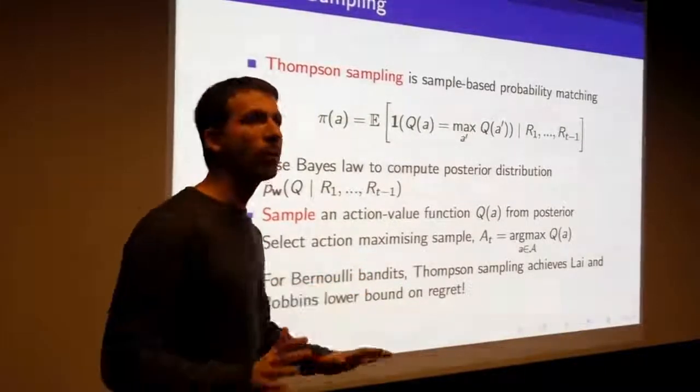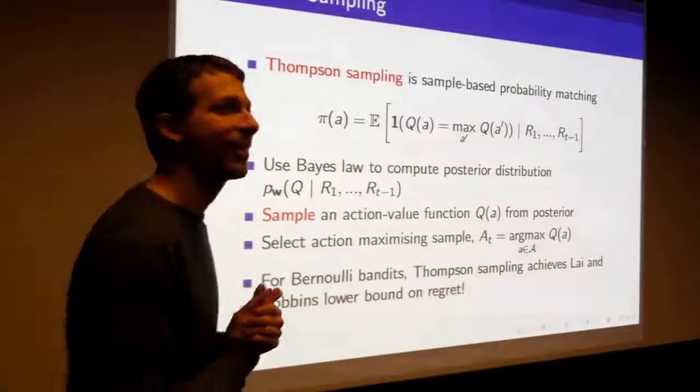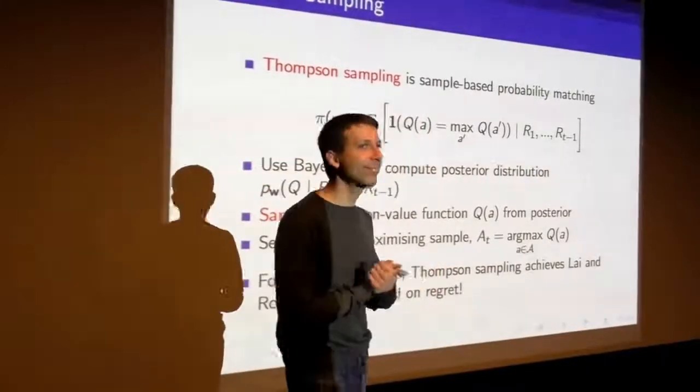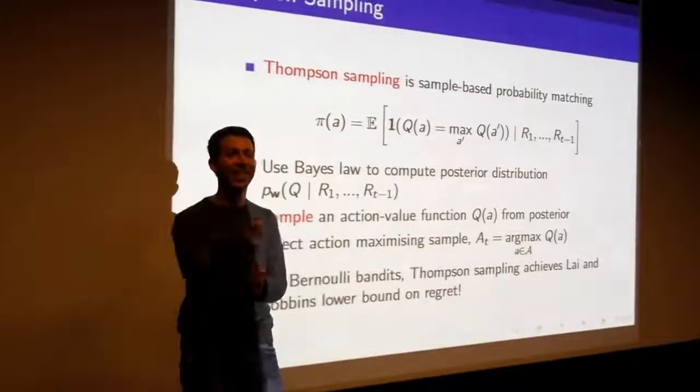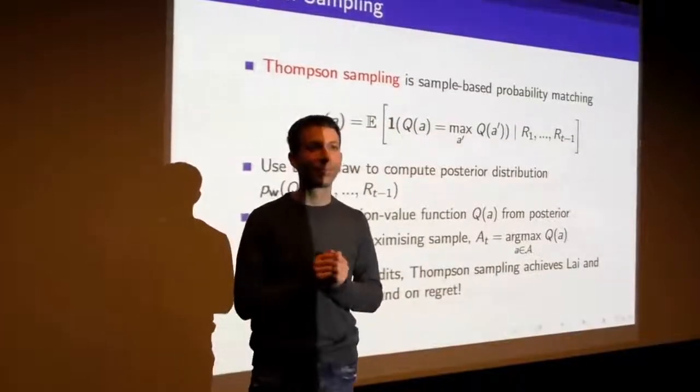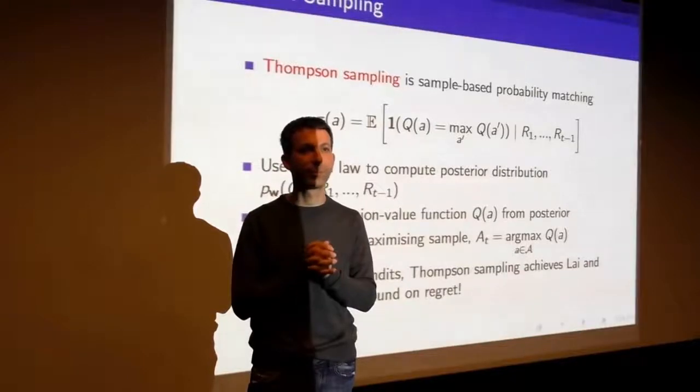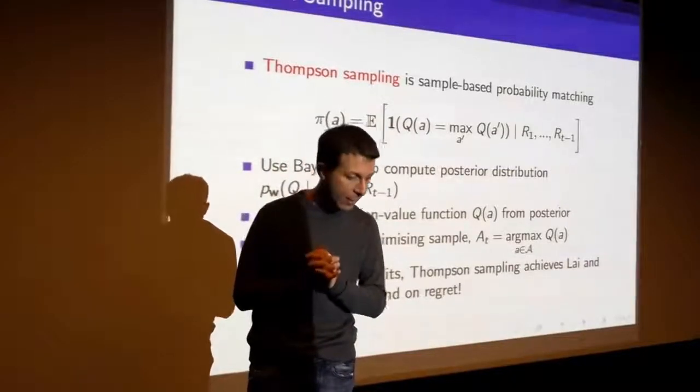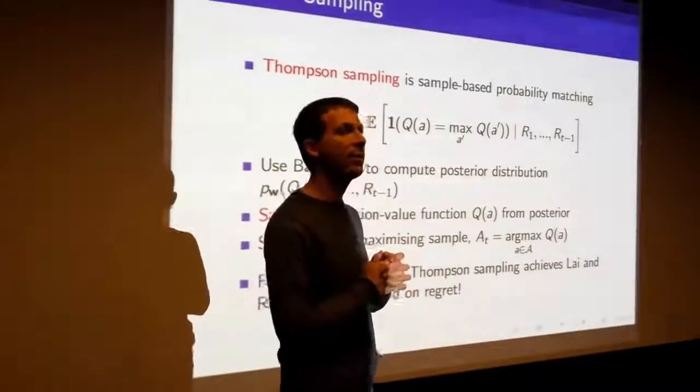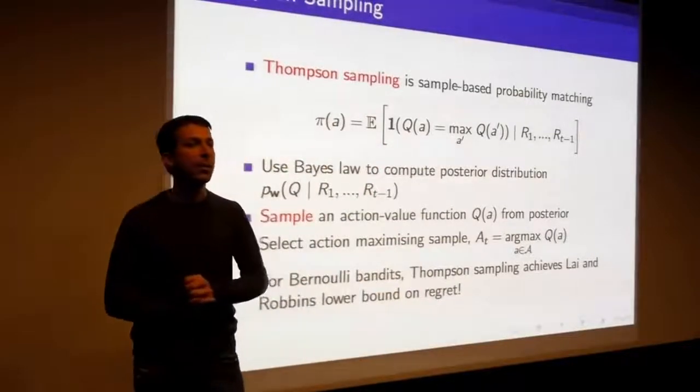Okay. Let me just pause there, take questions, and then we'll move on to the next section. Questions? Yes? How does the situation change if you know you have only a certain number of experiments that you can run? Okay, great question. How does the situation change if you've got a limited budget?